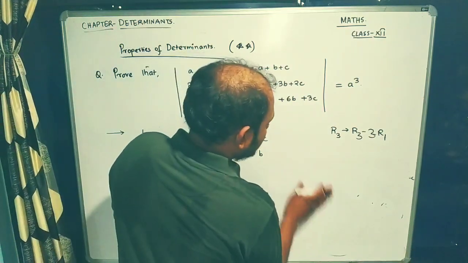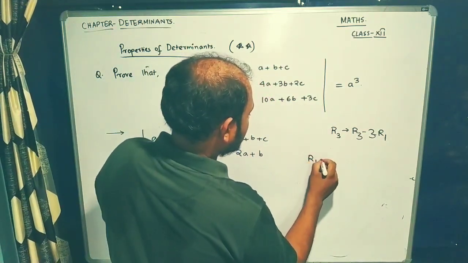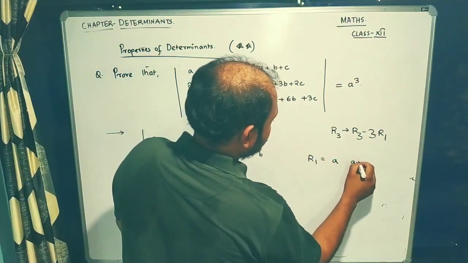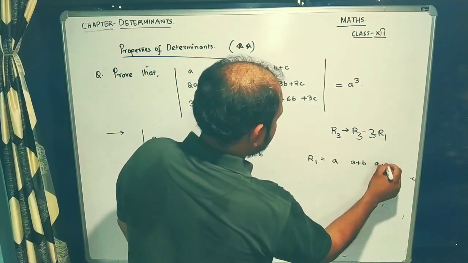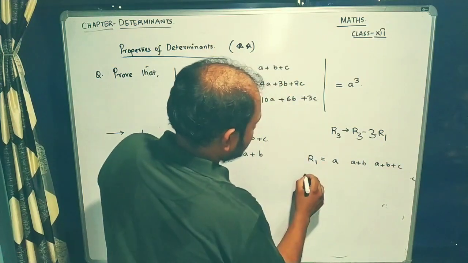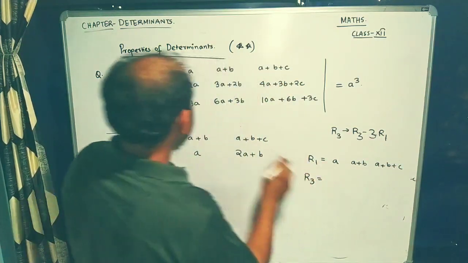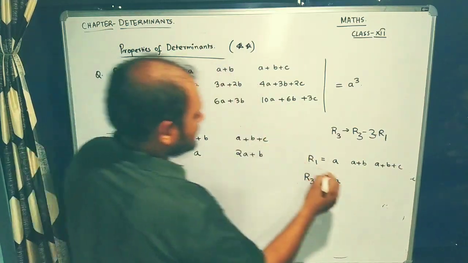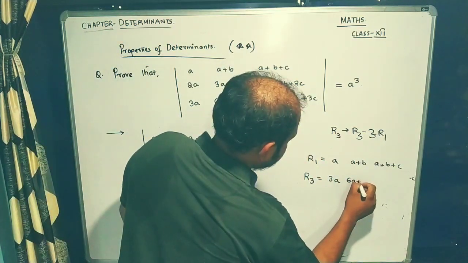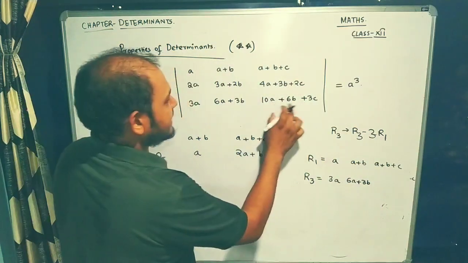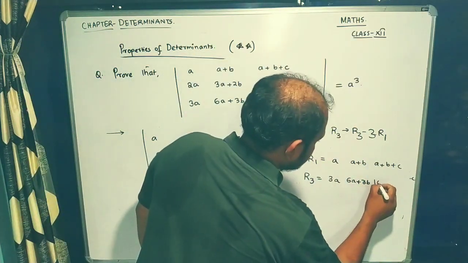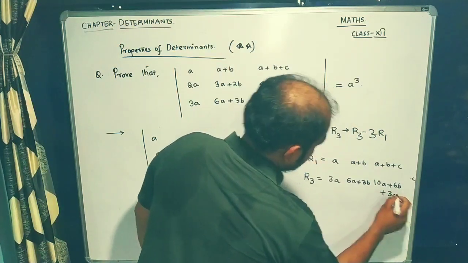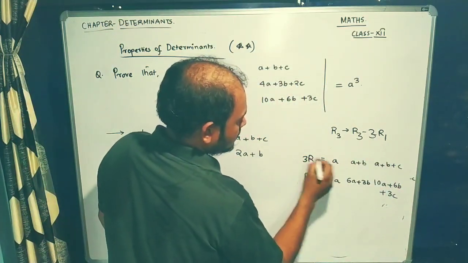So what is r1? Again, first row is a, a plus b, and a plus b plus c, and the third row is 3a, 6a plus 3b, then 10a, 6b, 3c. Then 3 times of row 1.